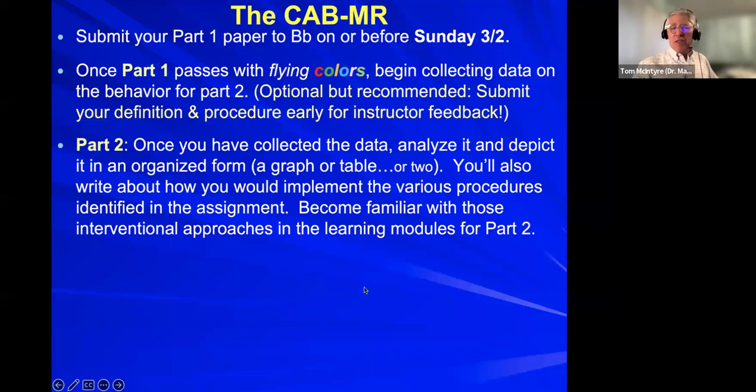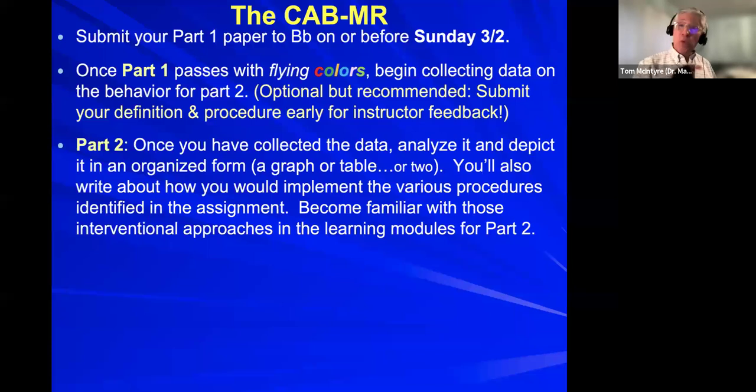And then for part two, after you've passed muster with part one, you're going to engage in collecting data on the behavior that you identified in part one. You're going to make sense of it. You're going to put it into some organized form, a table or a graph. And then you're going to write about how you would implement certain interventions.